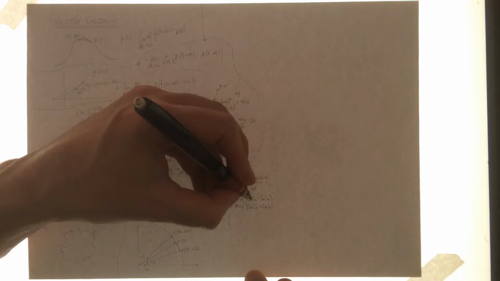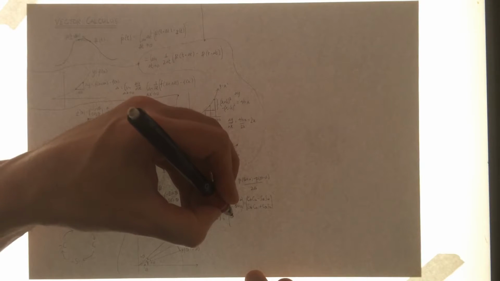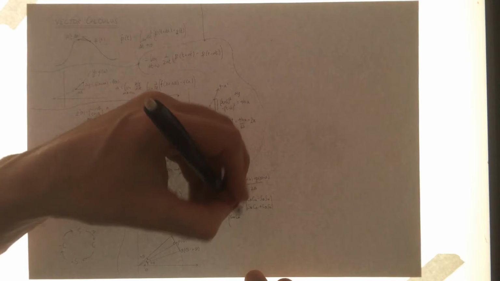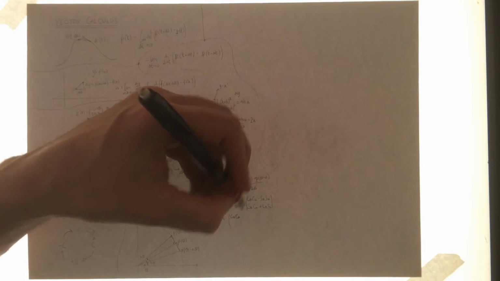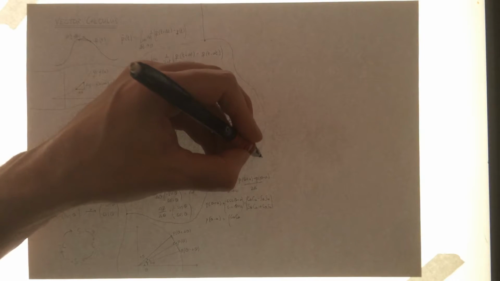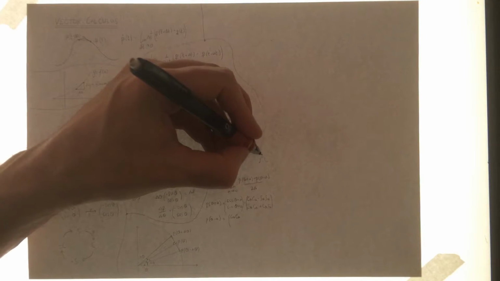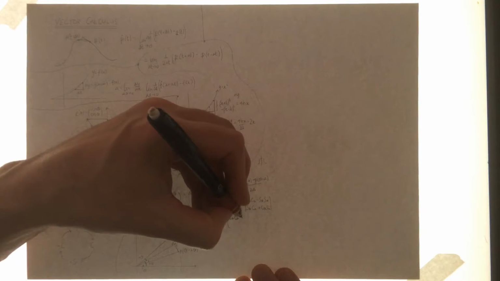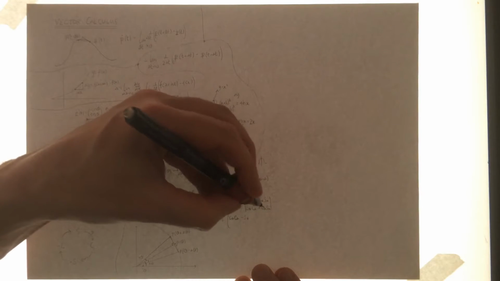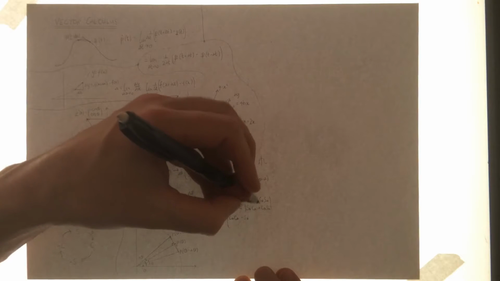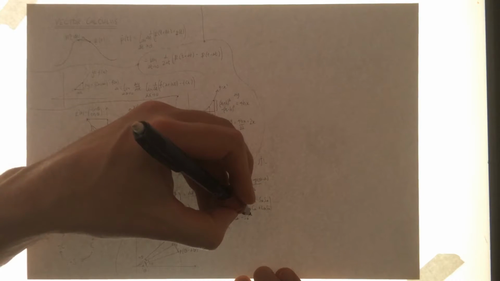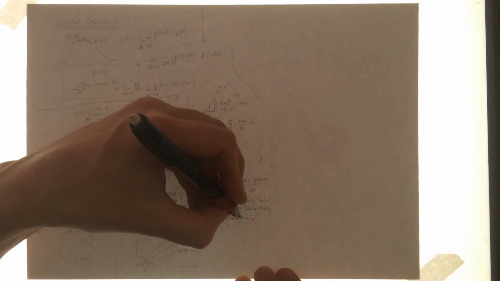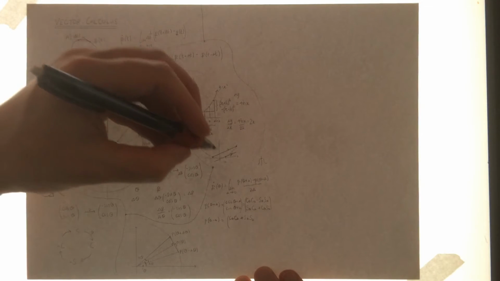So cos theta cos of minus delta is cos theta cos delta, because cos of minus delta is the same as cos of delta, because cos is an even function. So minus sine theta sine of minus delta, but sine of minus delta is minus sine of delta, so that goes to a plus.